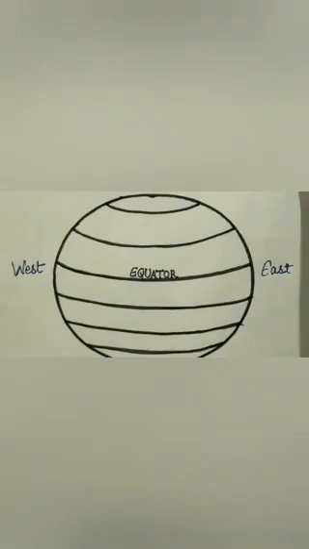Can you really point out on earth that this is a latitude? No, these lines are imaginary lines. We can only imagine. Only a thought is there. They do not exist. Now, what are these lines? These are imaginary lines that help us to find the exact location of a place on a map or on a globe.